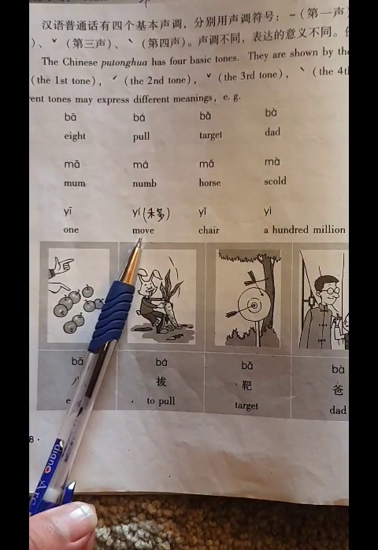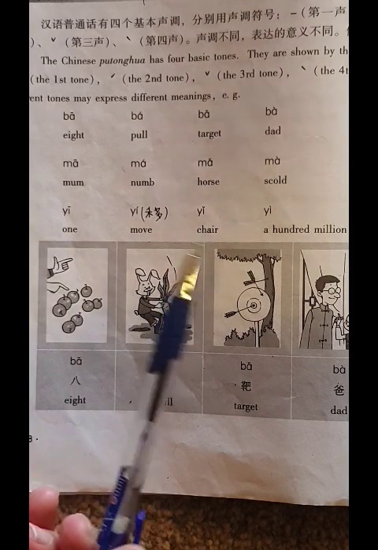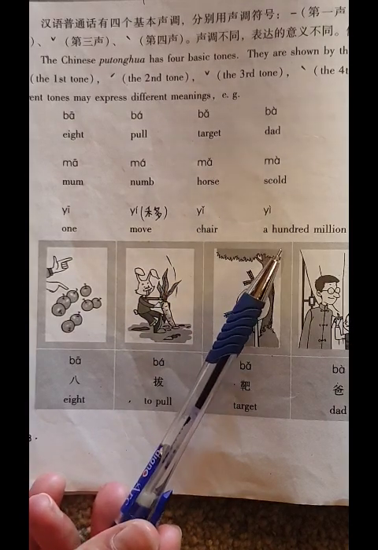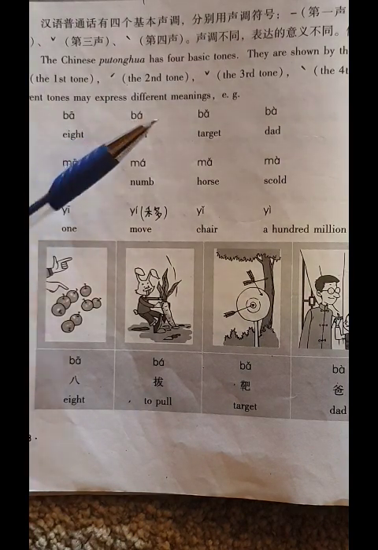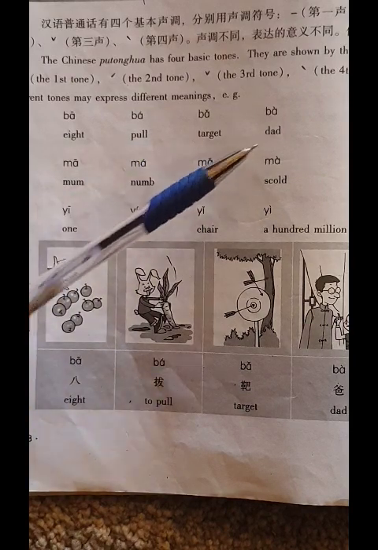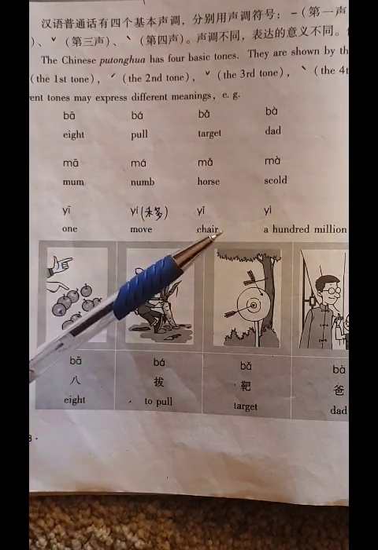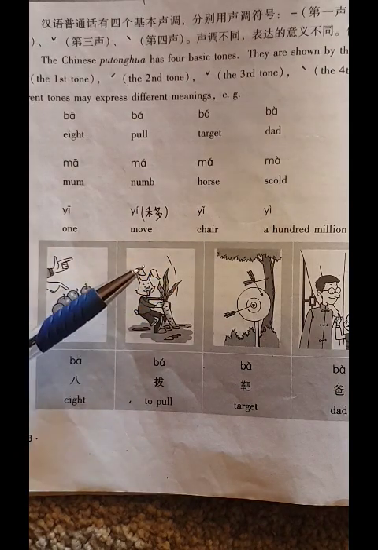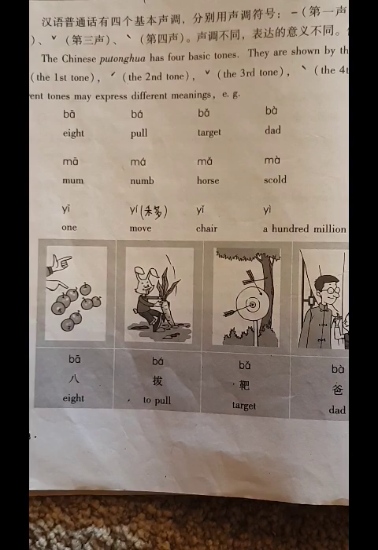Yí, which means to move. Yǐ, chair. Yì, 100 million. So again, bā, mā, yī.